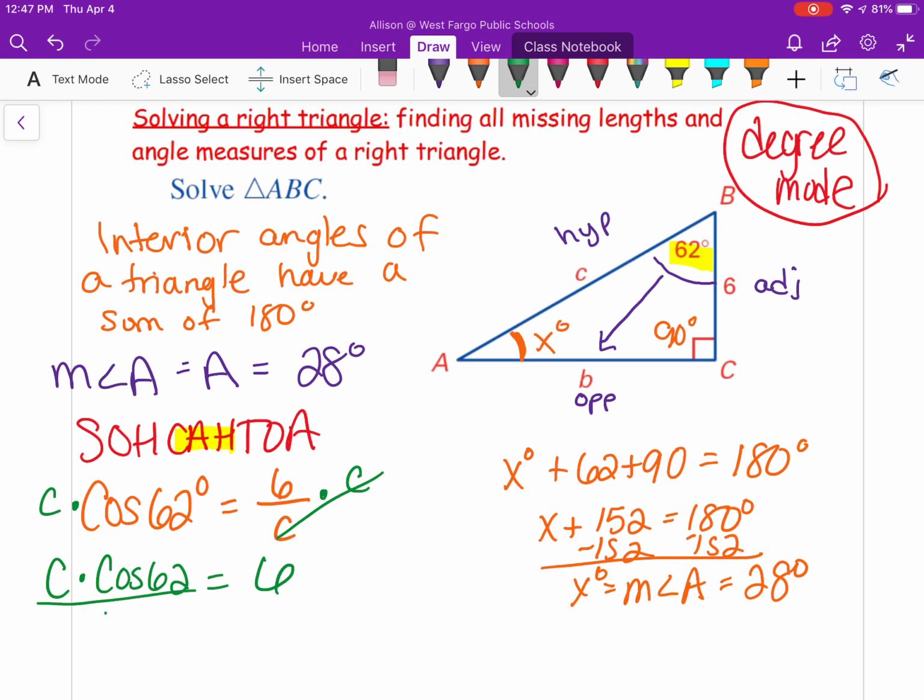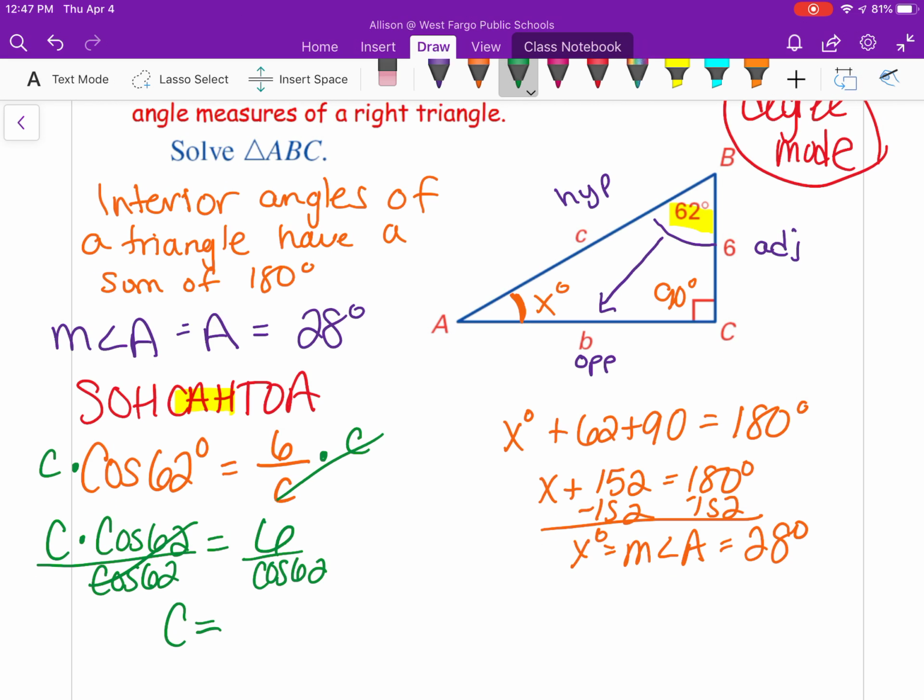Now I can solve for C by dividing both sides by the cosine of 62. So I get C is approximately equal to, remember your calculator does have to be in degrees, 12.78, which is approximately 12.8. So my hypotenuse has a length of 12.8.